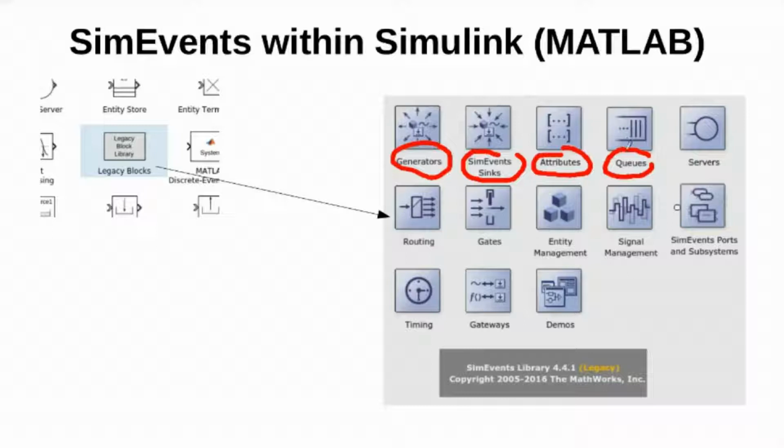As you may remember, the queue of incoming patients at a hospital, for example, the queues in the cash section in a supermarket, the queues in a toll road, in a highway, okay? Then we have the servers, routing these entities, the gates. I will explain the gates in the next session, not today's session. Signal management, the entity management.